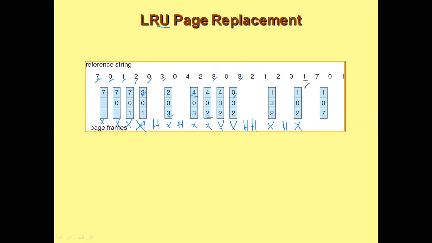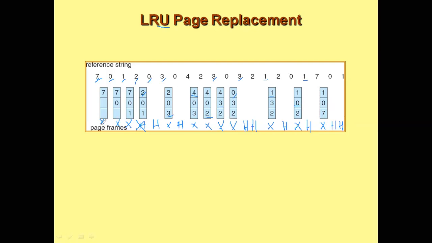What about the next page, 1? It is in the main memory, so it's a hit. What about 7? 7 is not in the main memory, so which one should you replace? 1? No. 0? No. 2. Yes, 2 should be replaced with 7, and it's a page fault because 7 was not found in the main memory. What about 0 and 1? They are in the main memory, so they are page hits.